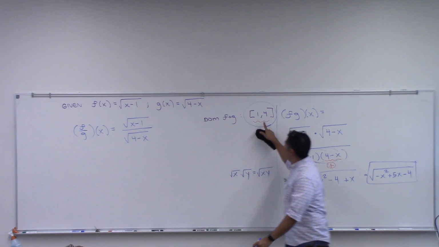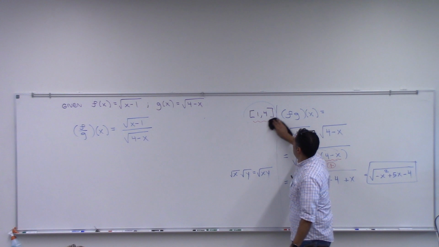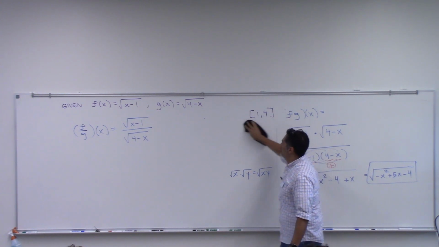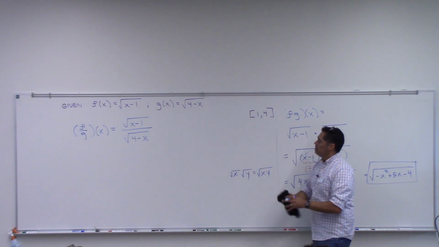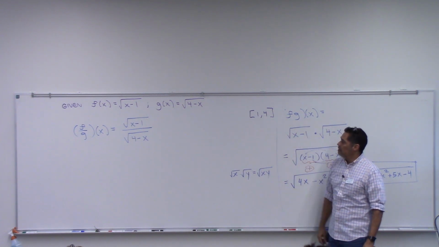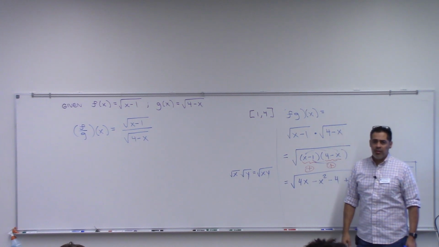And again, I already know that this domain is in effect, right? This domain right there is in effect. That doesn't change because I'm still working with the two functions to start. So that domain absolutely has to be there. But do we have any additional restrictions?